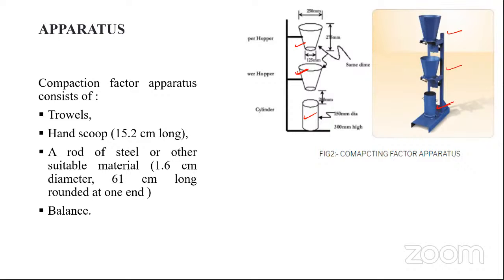When we fill the concrete in the first hopper bottom, can we apply tamping with the help of a tamping rod? Can we provide 25 blows with the tamping rod in the first hopper?